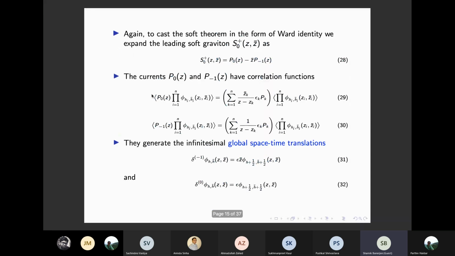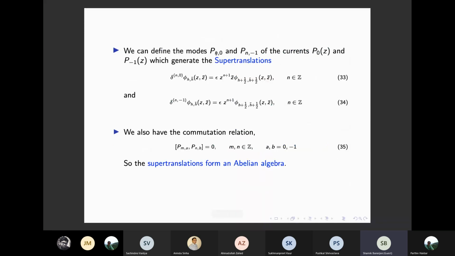What we can do is, in the standard way, do a mode expansion for this P naught z and P minus 1 z, and then what we get is P_n naught and P_n minus 1, and what they do is that they generate the super translations of this form, where delta_n naught phi h bar z bar is, you just multiply this by a factor of z to the power n plus 1.